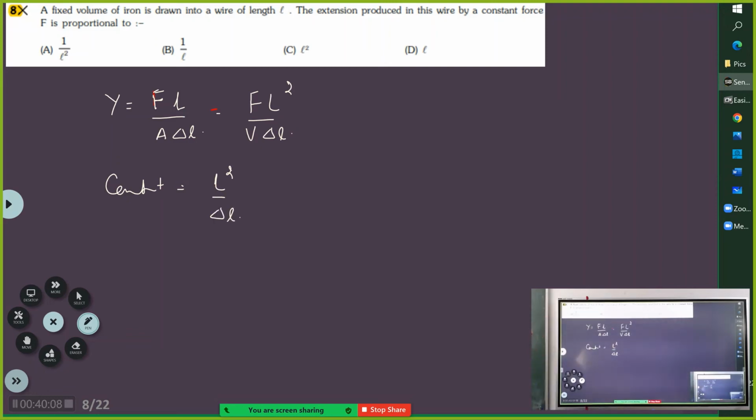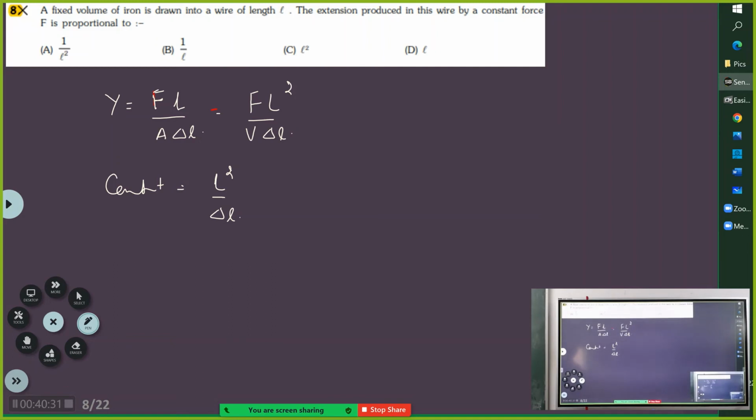A fixed volume of iron is drawn into a wire of length L. The extension produced in this wire by constant force F is proportional to. Delta L you can take on the left hand side, sir. Constant you can bring down.